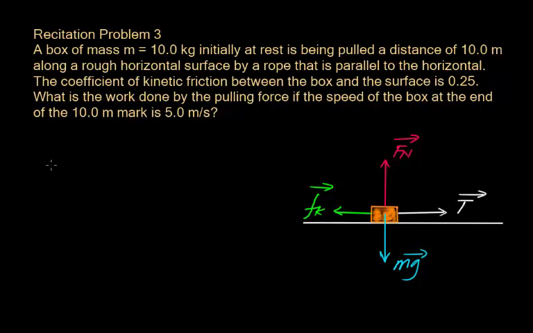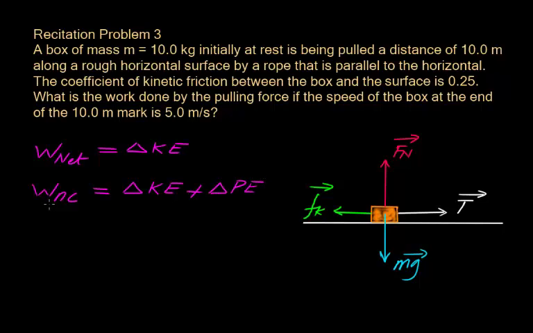Therefore, we can use either the work done by the net force equal to the change in kinetic energy, or the work done by the non-conservative forces equal the change in kinetic energy plus the change in potential energy.